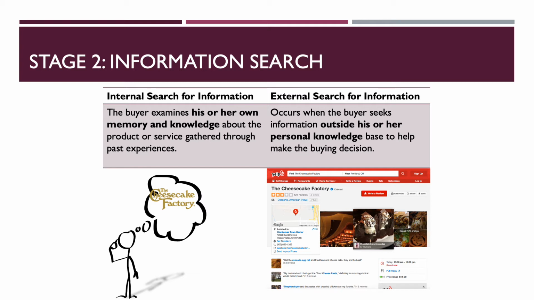Perhaps the most common sources of external information these days are online search engines such as Google or Yelp or TripAdvisor. So you go out from your memory zone and seek information to fill in your personal knowledge gaps by talking to your social circle or looking on the internet.